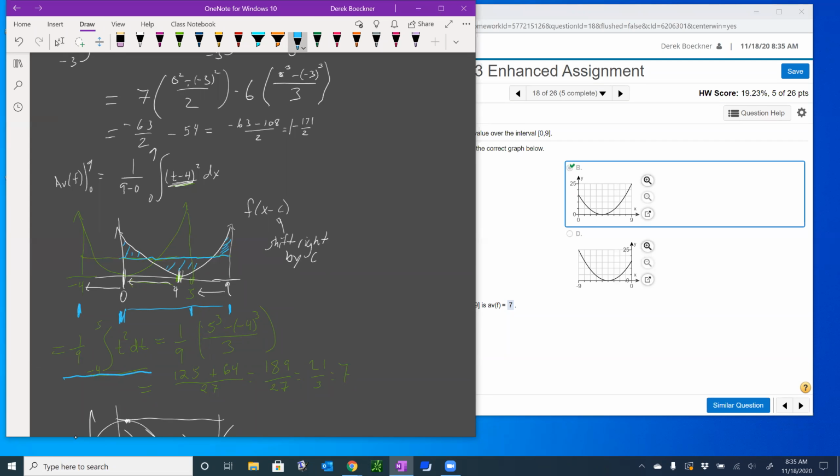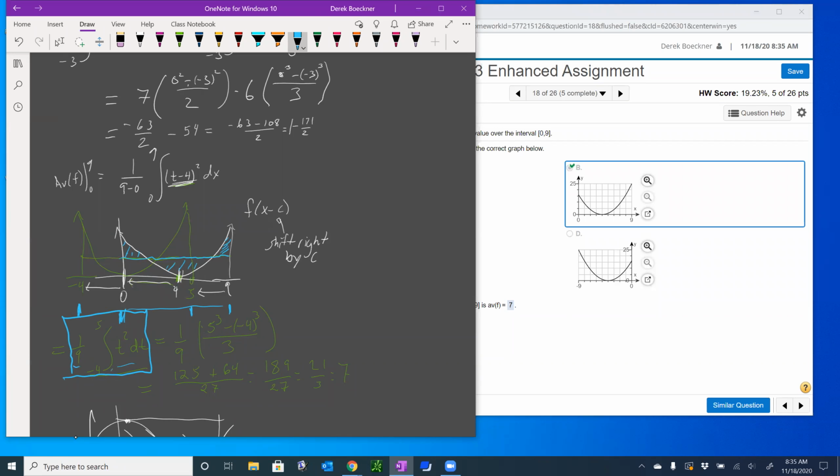So what I'm going to do is take this integral for the average value instead. And you can take this integral because I'm integrating the area under the t squared function from -4 to 5 over a width of length 9. So the 1/9 is the width of length 9.